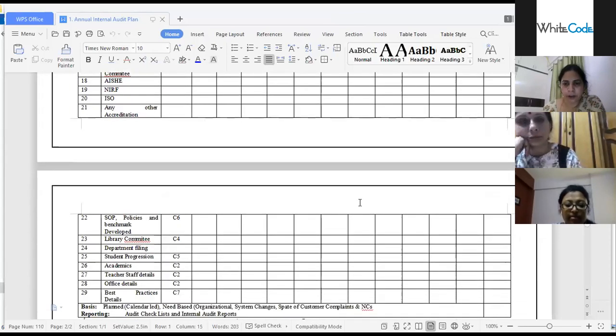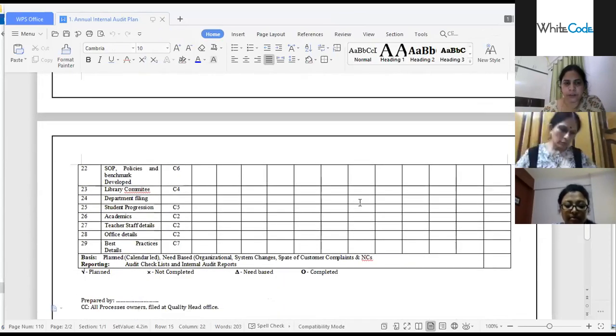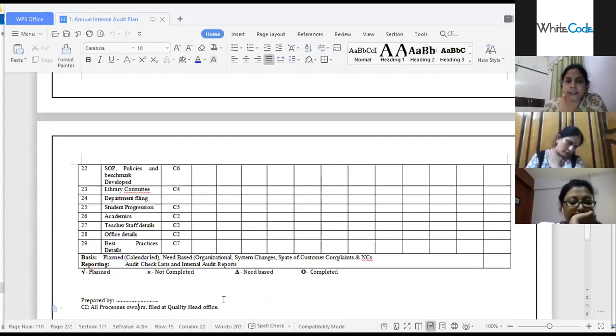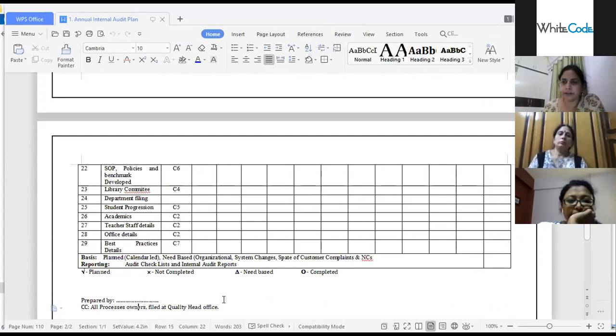So at the end of the calendar, you will have the last lines. I want you to concentrate on the last lines. The thing has been given like this: basis is a planned calendar which works with you, and need-based is another thing.